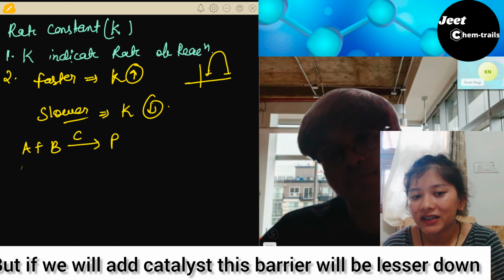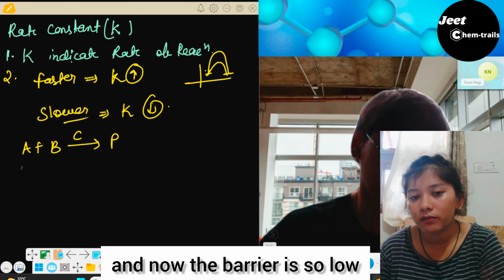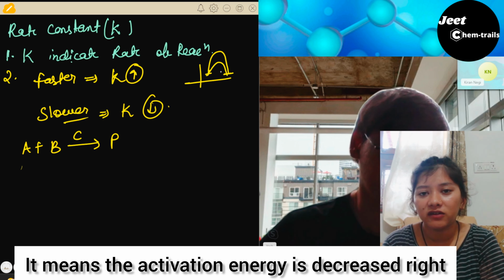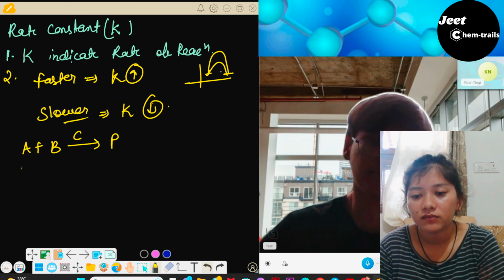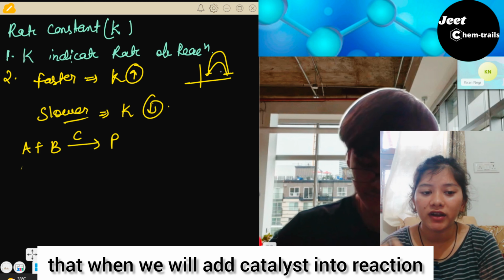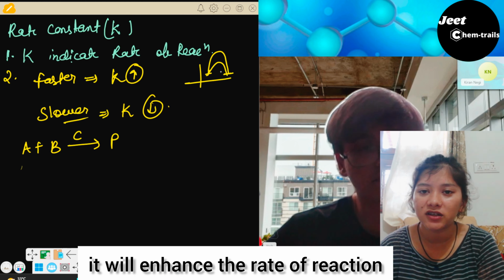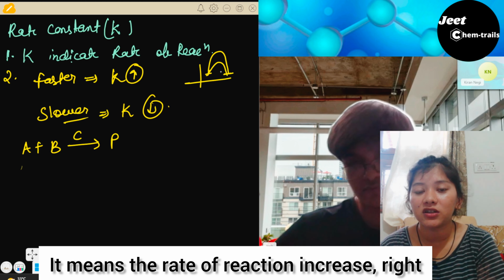But if we add a catalyst, this barrier will be lowered, and now the barrier is so low. It means the activation energy is decreased, right? So when we add a catalyst in a reaction, if this is a positive catalyst, it will enhance the rate of reaction. It means the rate of reaction increases, right?